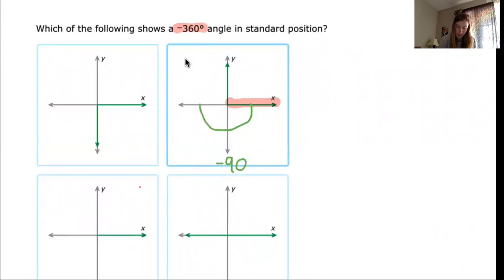If I keep going, this is now negative 180 degrees. Keep going, negative 270 degrees. Okay, I need to get to negative 360. So I keep going in the negative direction, and then negative 360 is just your starting position again.